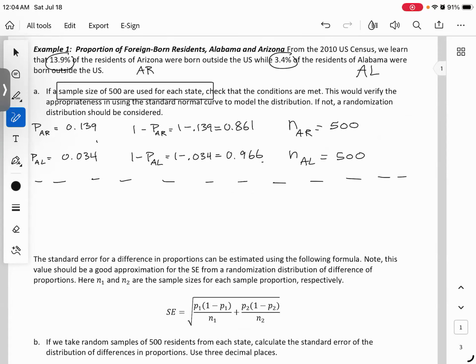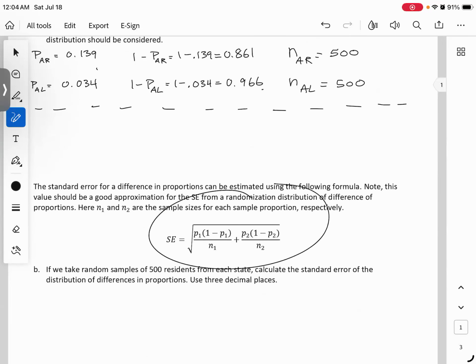Now we're going to check the conditions. Before we go on to use this formula, which is associated with the normal distribution, we want to check our four conditions.